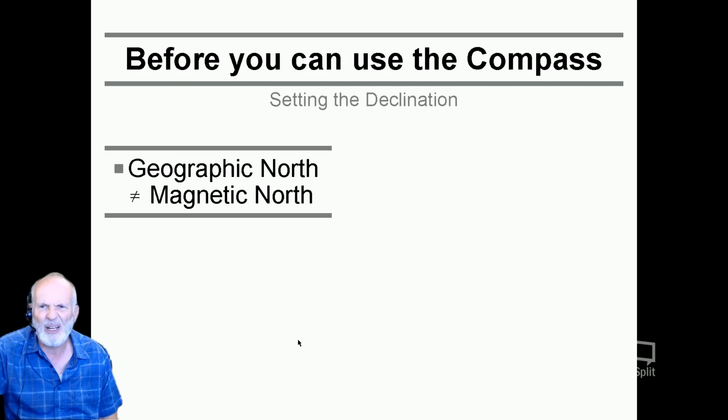You may say, I've got to be kidding. No, they don't overlap. Actually, the magnetic north wanders around, and as you know from your geology studies, they sometimes flip polarity completely. The magnetic North Pole wanders to the South Pole, and the magnetic South Pole wanders to the North Pole.